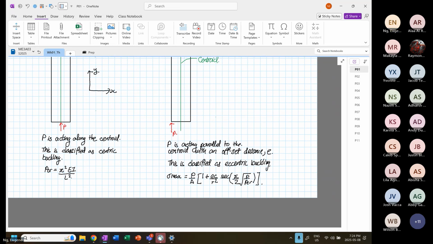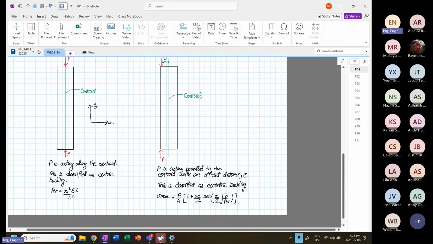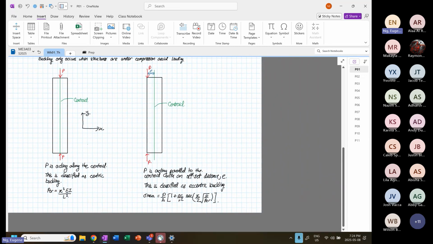So the formula is not the same, and later on we will derive why they are different.